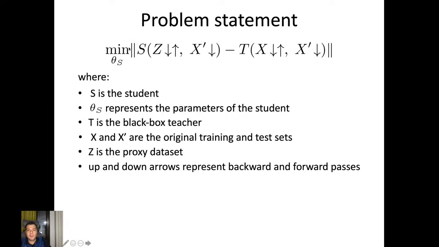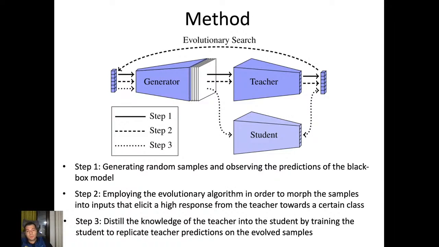Our objective is to minimize the output of the student with respect to the output of the teacher, so the difference between the student and the teacher has to be minimized. In order to minimize this objective, we have this architecture, which is based on 3 steps.